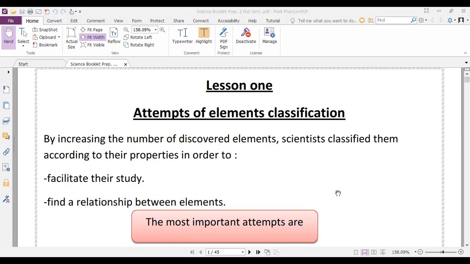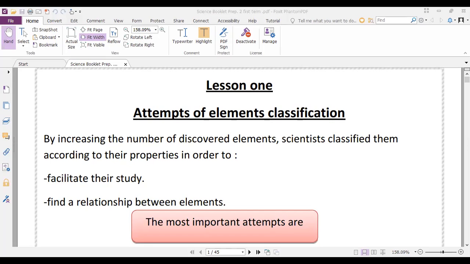How can you carry them? In a bag. Yes, in a bag. So by increasing the number of elements in nature, scientists classify these elements in a table.